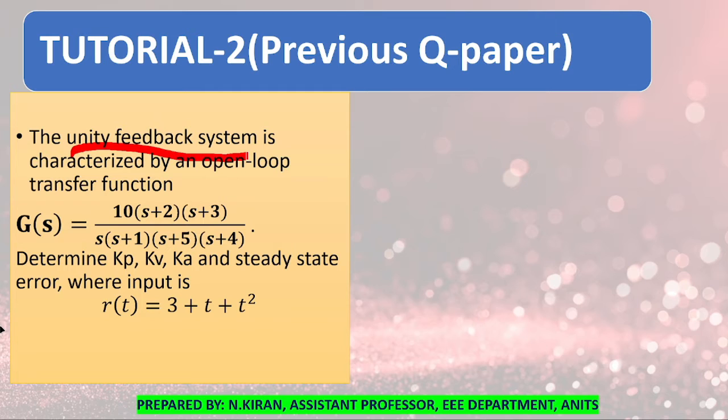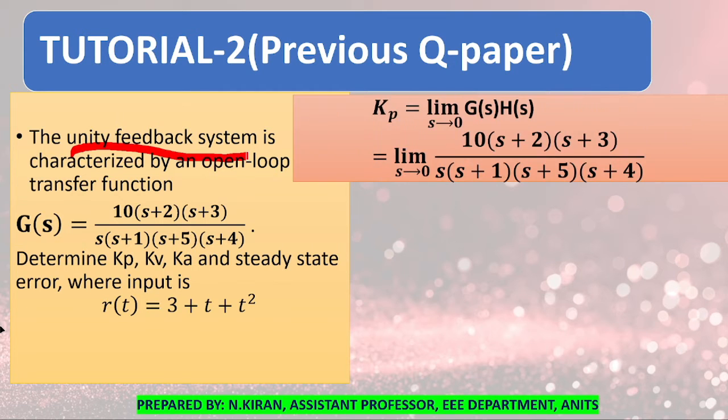So we know the expressions for Kp, Kv and Ka. According to the definition, Kp is limit s tends to 0 of G(s)H(s). Because of this, there will be an s term in the denominator. So upon substitution of s equal to 0, I get the value of Kp as infinity.